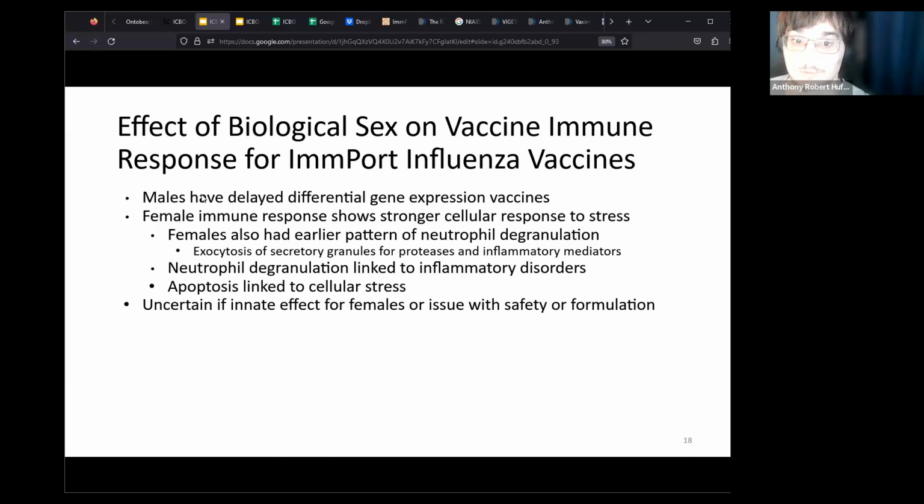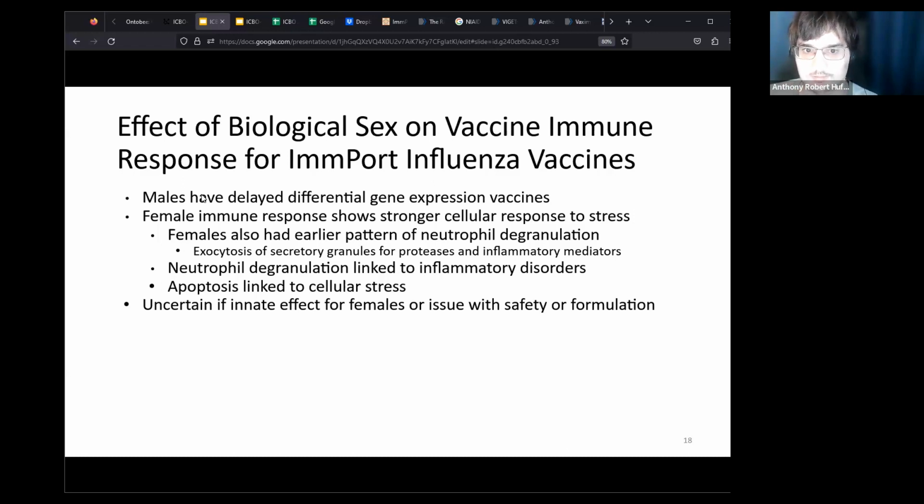Now, when we were doing some further literature search to make sense of the situation, especially when it came to neutrophil degranulation, we found that neutrophil degranulation was linked to various inflammatory diseases or other autoimmune disorders, and that the actual apoptosis that we saw on day 14 was also a symptom of excess cellular stress.